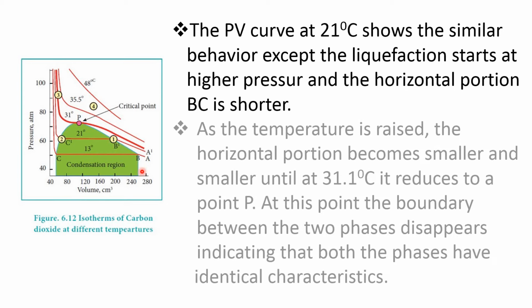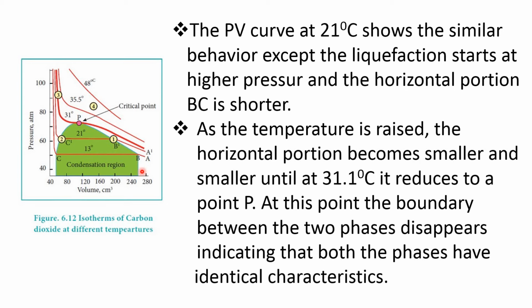Now, if you increase the temperature again, we will find that liquefaction will start at higher and higher pressure, and the horizontal portion will continuously decrease, that means it will become smaller. And when the temperature becomes 31.1 degrees centigrade, this horizontal portion will become a point.